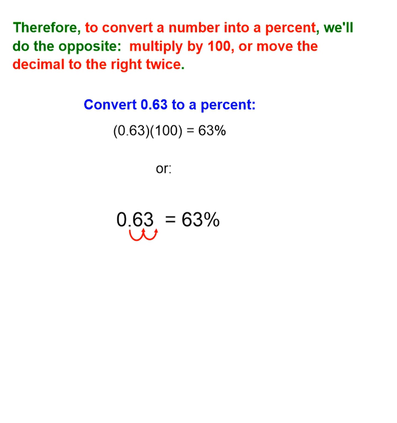So to convert a number into a percent from a decimal, we do the opposite. We multiply by 100 or move the decimal twice to the right. So multiply by 100, 0.63 becomes 63%, or just remember to move the decimal twice to the right.